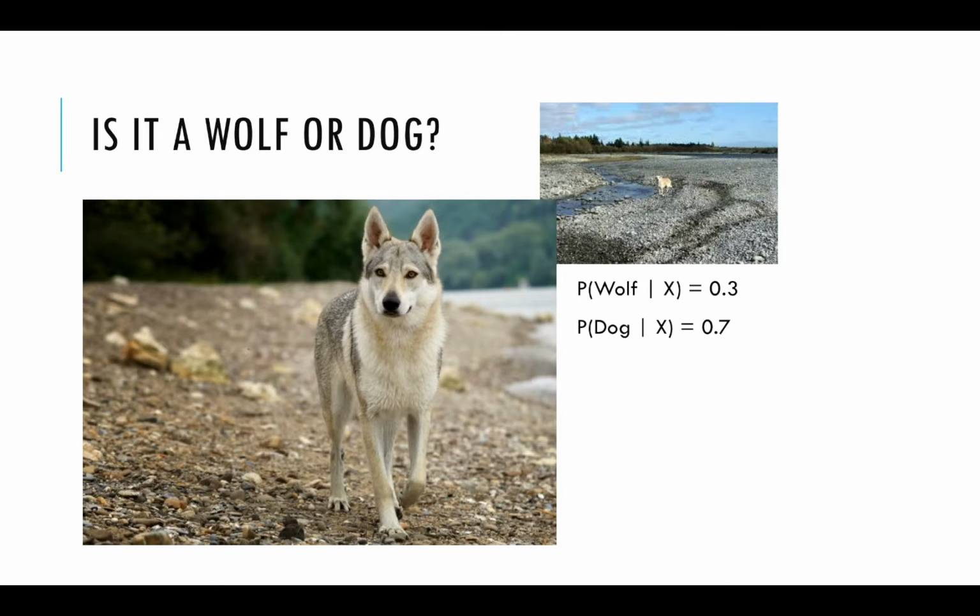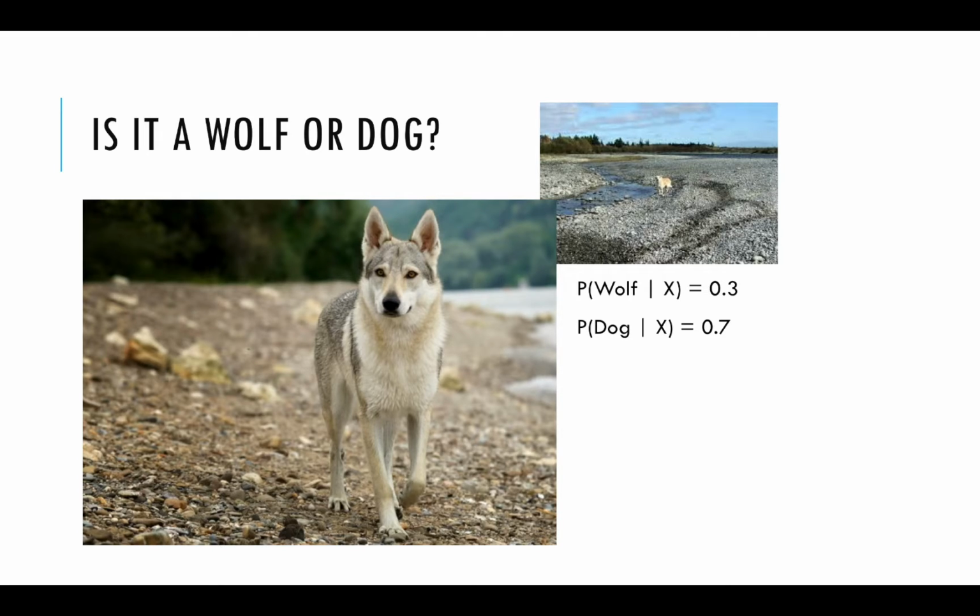Now the animal walks closer, and I see more characteristics of the animal. So the same question: is it a wolf or a dog? Currently, based on the information, this animal looks more like a dog and is kind to people.